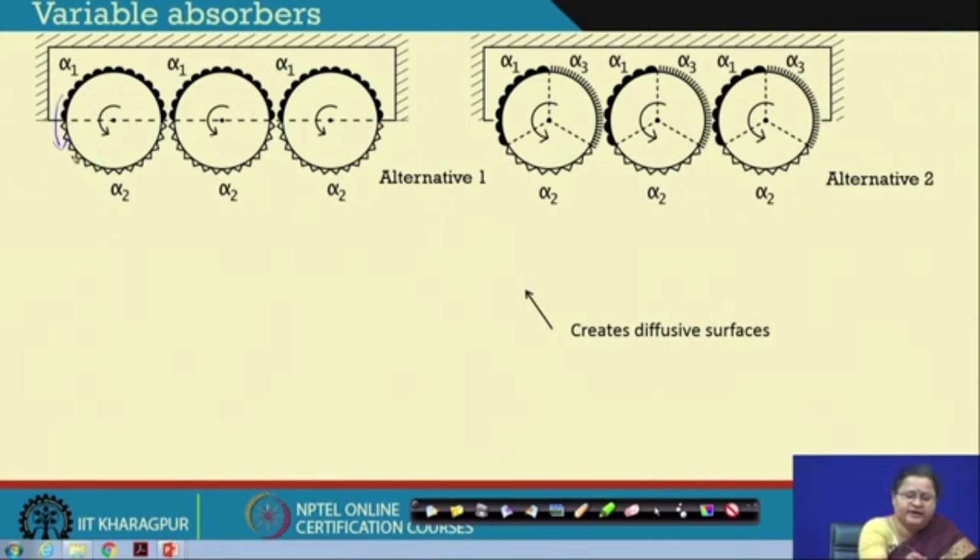If you rotate by 180 degree, you have alpha 1 and the alpha 2 enters inside. Similarly, you can have 120 degree rotation and you can have lesser aperture, and you can have alpha 2, alpha 1, alpha 1, alpha 2, alpha 3, a combination of 3 absorbers. So, just by rotating the drum which has been installed, you can keep on changing your absorption inside the space.